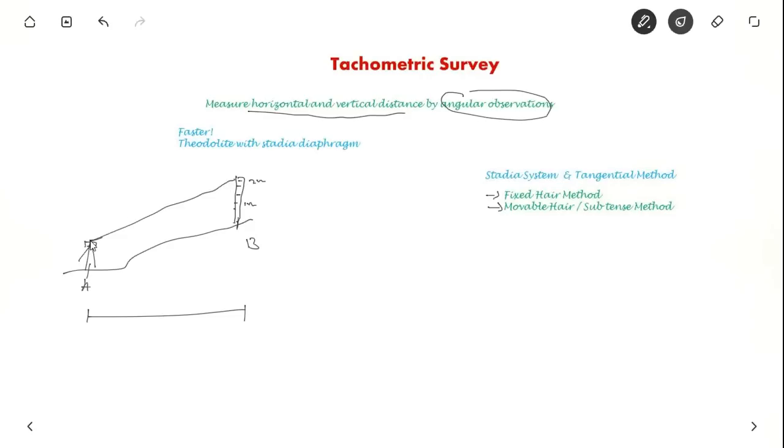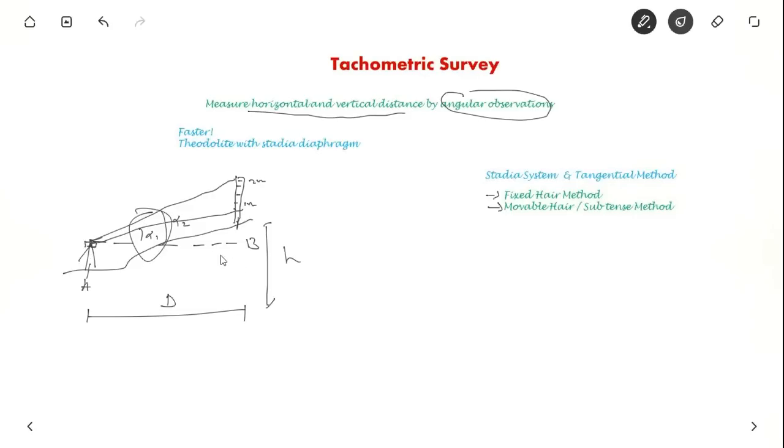So here you will have lower vein and upper vein and you try to sight particular points and you will have staff readings here. You will know the angles alpha 1 and alpha 2, or it could be anything, theta 1 and theta 2. Based on this you can find out the distance D and also the height based on the angles which you know.